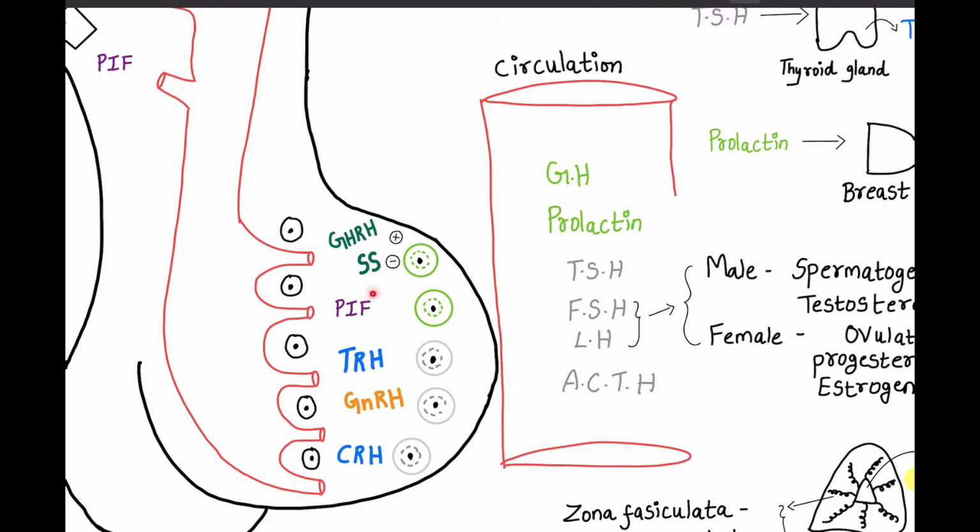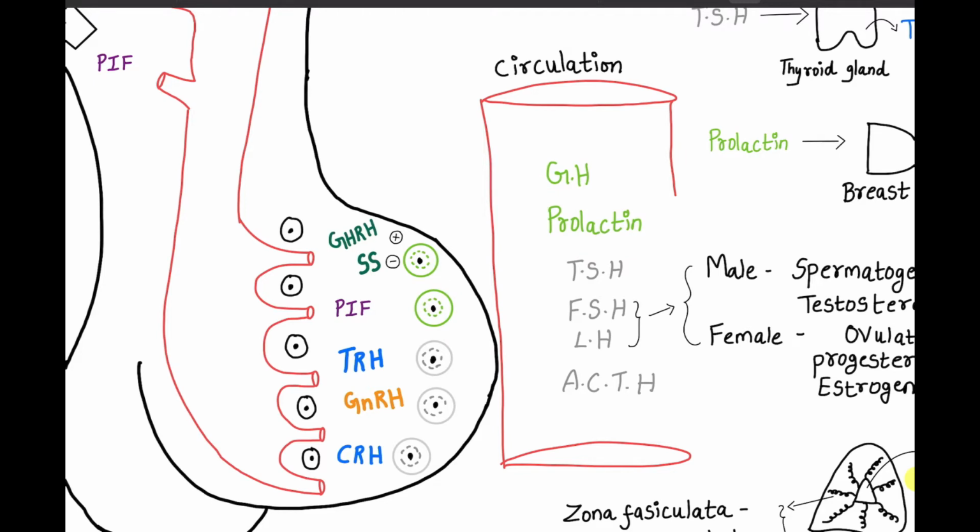Prolactin inhibiting factor: we have seen the function of prolactin, that is milk production. This prolactin inhibiting factor inhibits the synthesis of prolactin, or it will decrease the prolactin secretion.